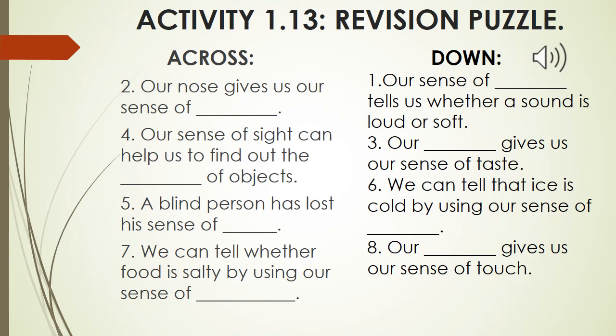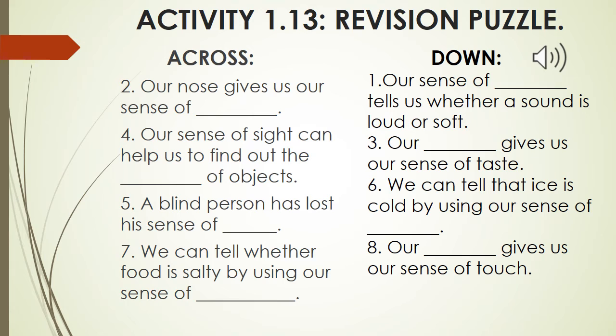Activity 1.13, Revision Puzzles. Use the clues below to complete the puzzle on the next page. Here you are given some clues across and clues down, and you are given the number of each clue that you have to guess in the puzzle. First of all, complete the clues and then complete the puzzle.